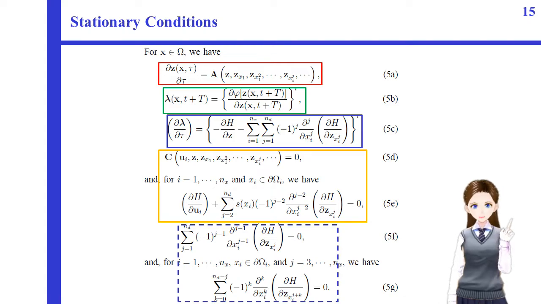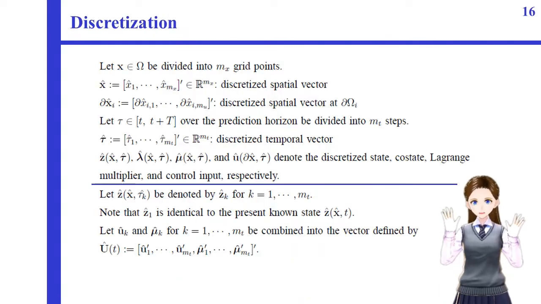In order to solve the obtained stationary conditions using a numerical method, we must discretize these equations into finite difference equations. Therefore, we introduce these notations for denoting the discretized variables. X hat is the discretized spatial vector. Tau hat is the discretized temporal vector over the horizon. Let this z hat be denoted like this for notational simplicity.